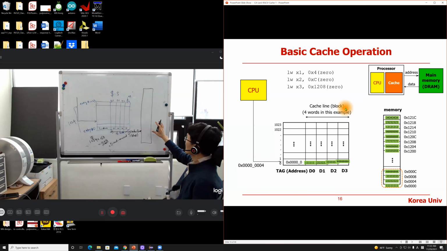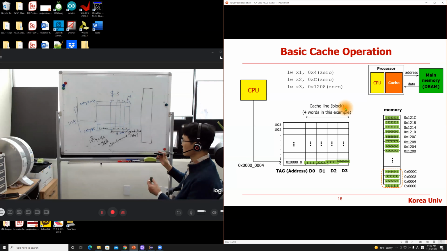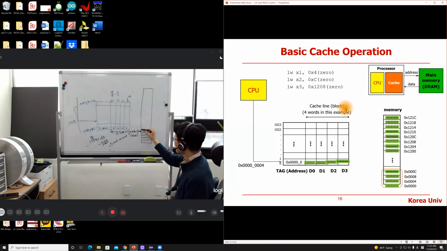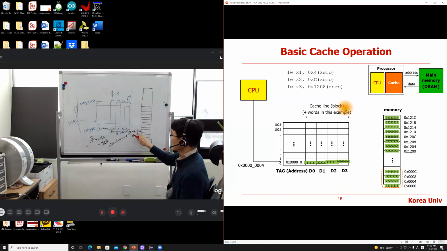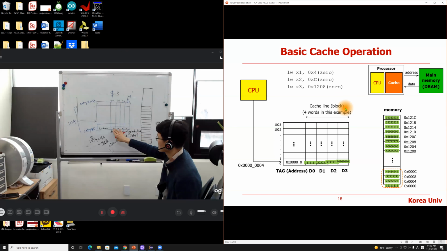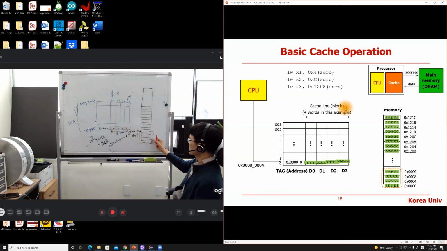So what should happen is main memory is logically divided, not physically, into cache line sized chunks. In our cache, we have four words, so 1, 2, 3, 4. That's 4. So this one is called memory block.